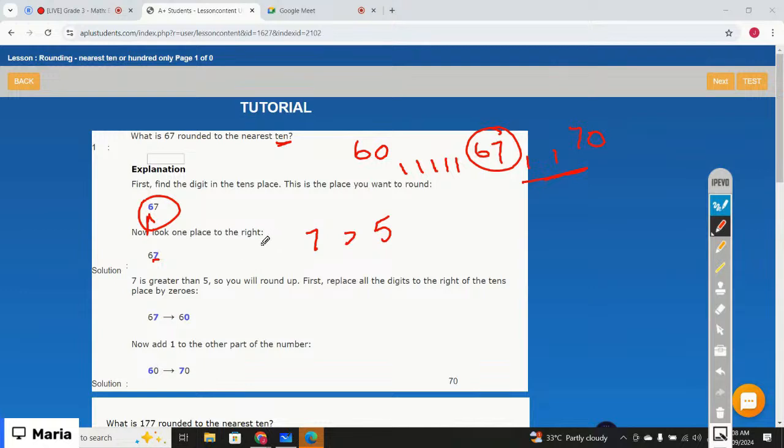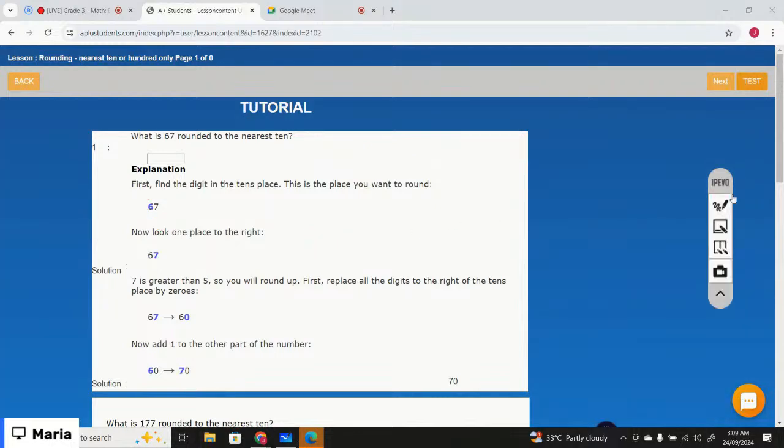That means you have to round up. Round up means replace 7 with 0 and add 1 to the tens digit. So you ended up on 70. So whatever method you find easy for you, you can do. Let's just start with the test questions.